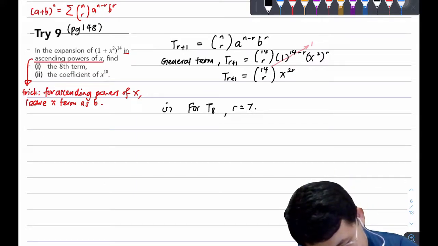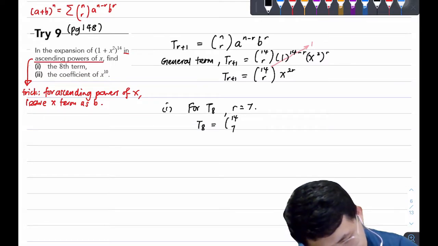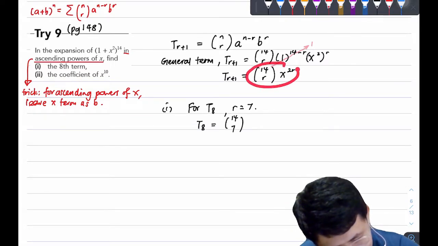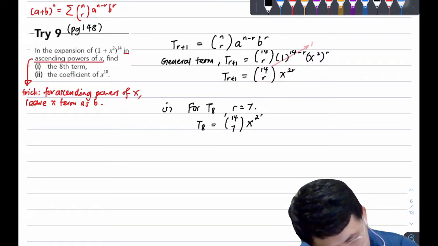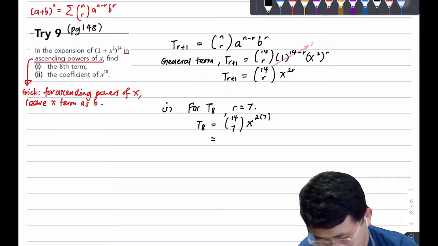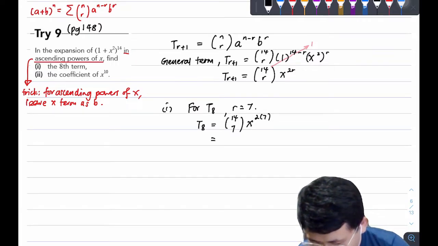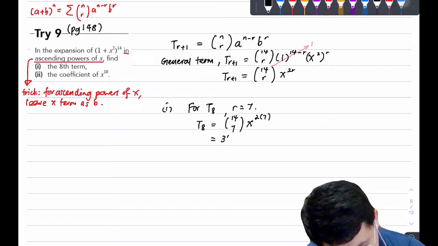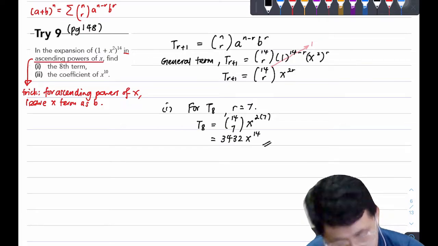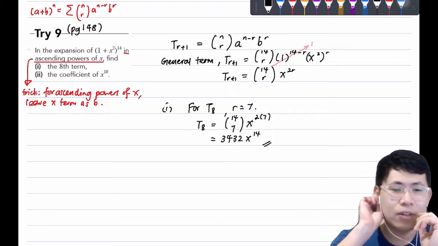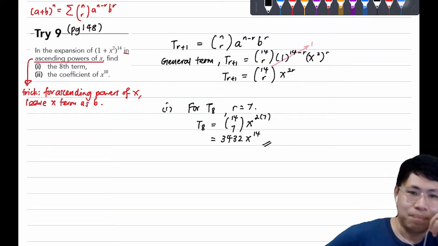So T8 is going to be 14 choose 7 times x to the power of 2 times 7. So 14 choose 7 is 3432, times x to the power of 14, just like that. So this is the 8th term.